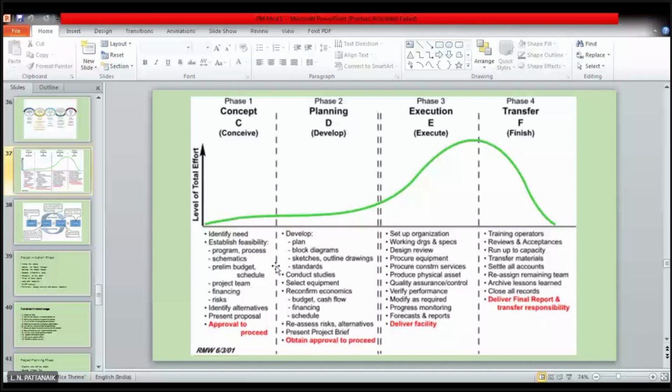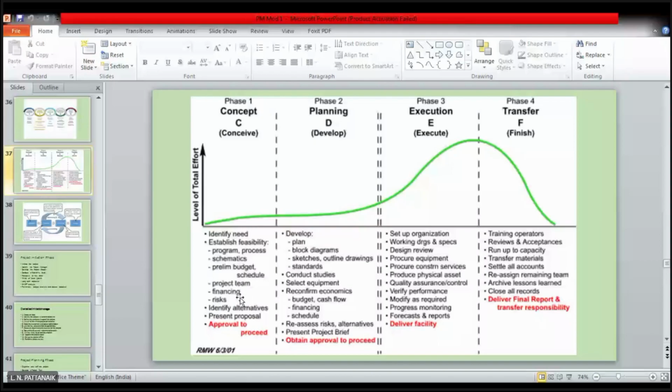Otherwise, why would you invest in a project for which the output or the product has no takers? So these things you will discuss in the very first stage, initiation stage or concept stage, whether that idea is feasible or not.